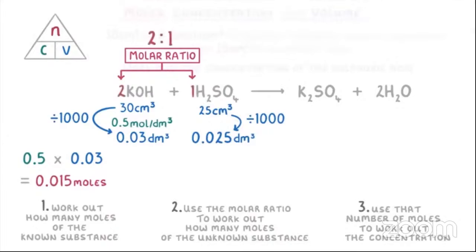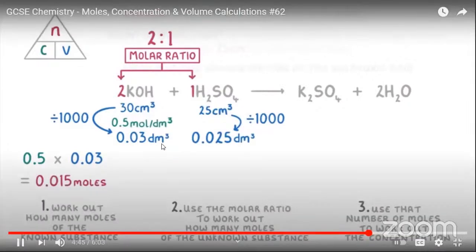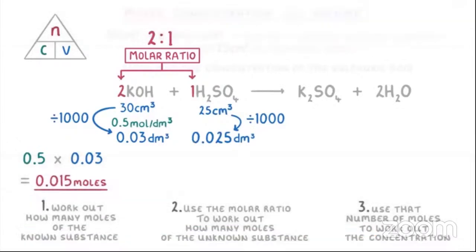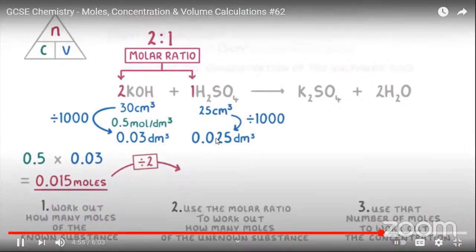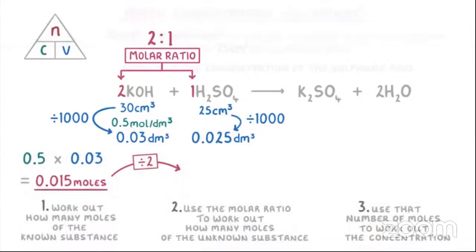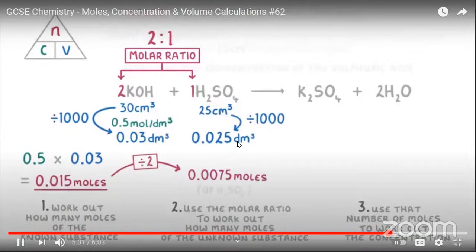So the molar ratio here is 2 to 1, which just means that for every 2 moles of potassium hydroxide, we'll have 1 mole of sulfuric acid. So because we just worked out that we have 0.015 moles of potassium hydroxide, we're going to have to divide that by 2 to find out how many moles of sulfuric acid it reacted with, giving us 0.0075 moles of sulfuric acid.